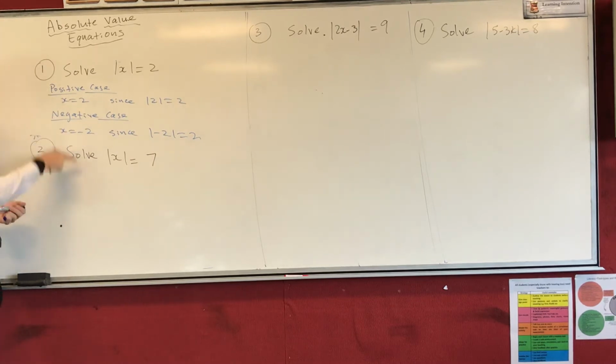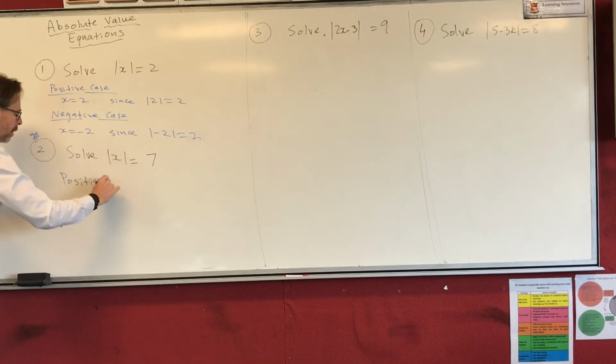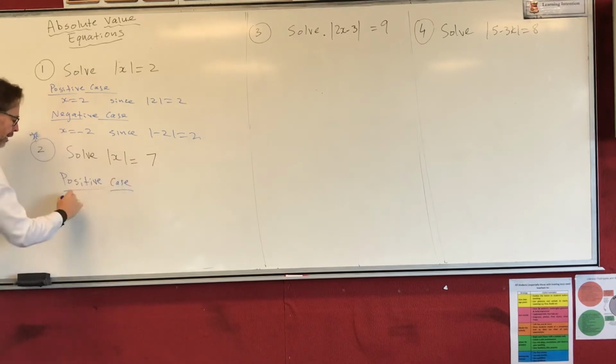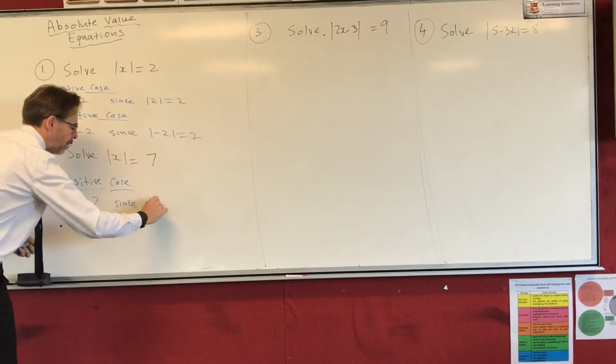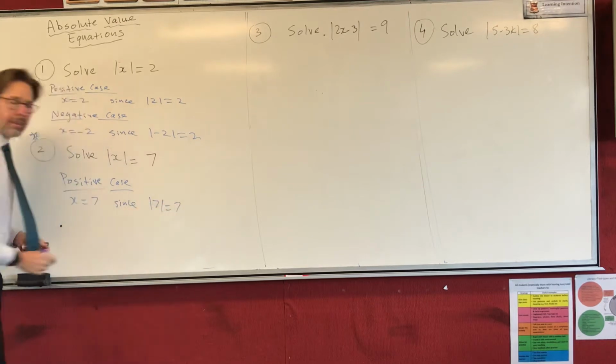Alright, now copy that down and then I want you to do question 2 by yourself. So pause the video and have a go at question 2. Okay, so we've got a positive case. Positive case is x could be 7 since absolute value of 7 equals 7.